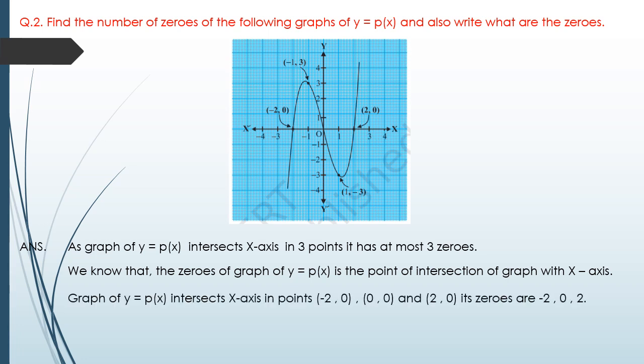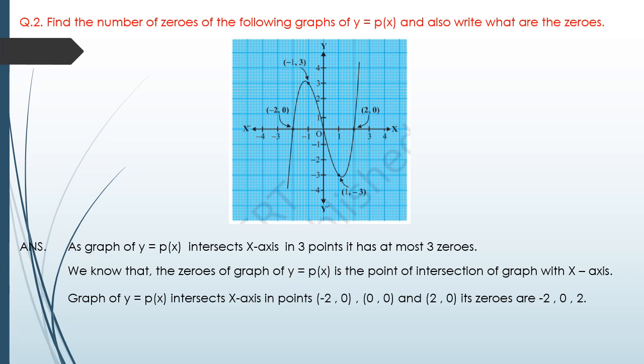So the graph of y is equal to p of x intersects the x-axis in the points -2, 0, the origin that is 0, 0, and 2, 0. So now the zeros are nothing but the x coordinates of these points. That is nothing but -2, 0 and 2. So these are the zeros of the given polynomial.